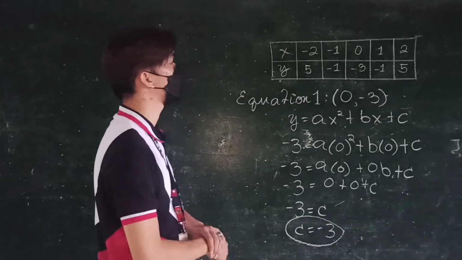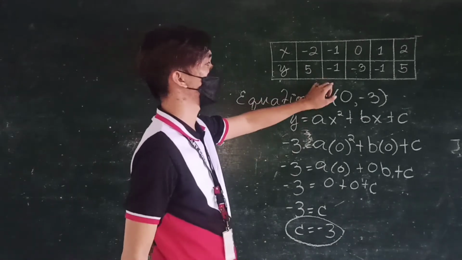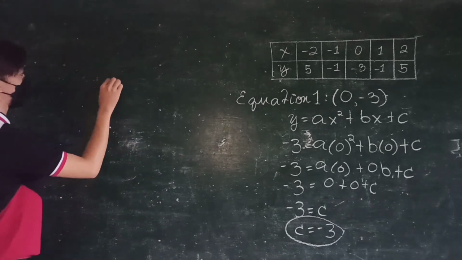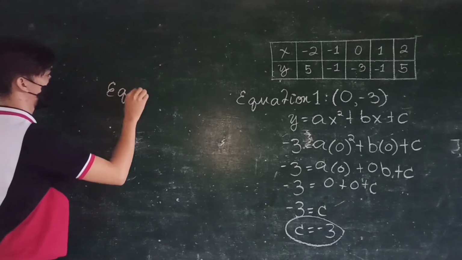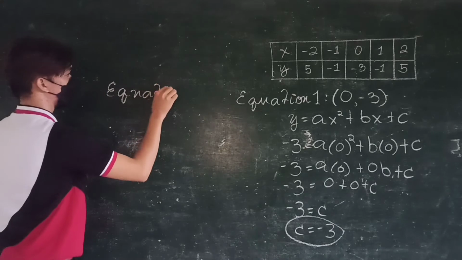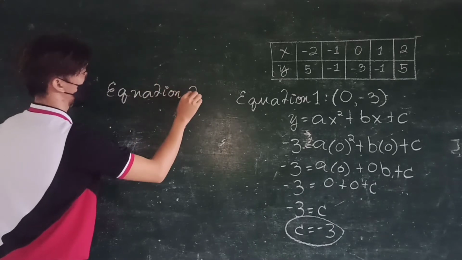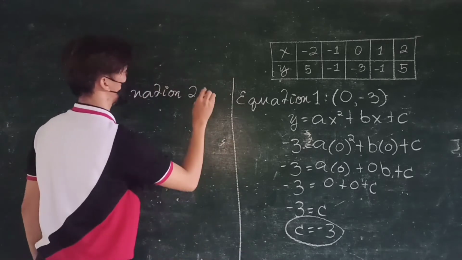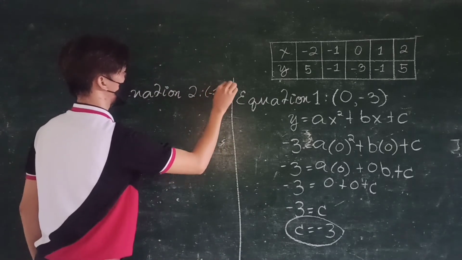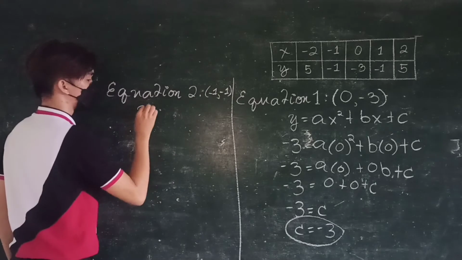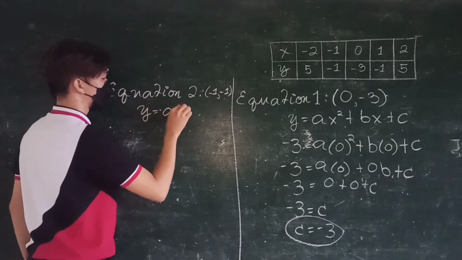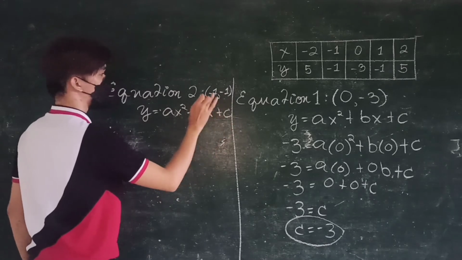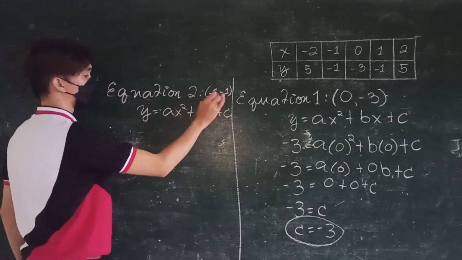So let's proceed. Let's choose another ordered pair. So we have negative 1, negative 1. That's for our equation number 2. The same process, class. We're going to use the general form of a quadratic equation, y equals ax squared plus bx plus c. Then we substitute.